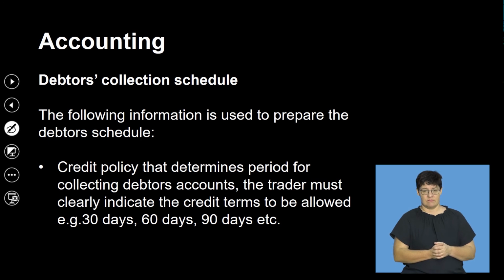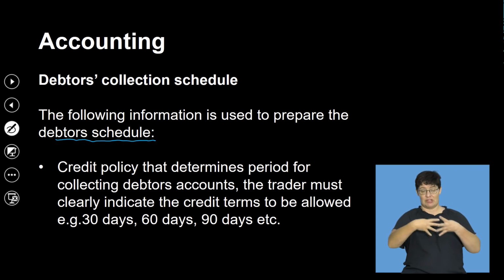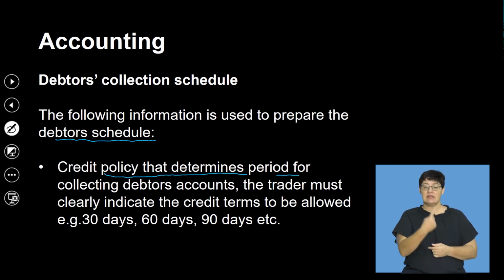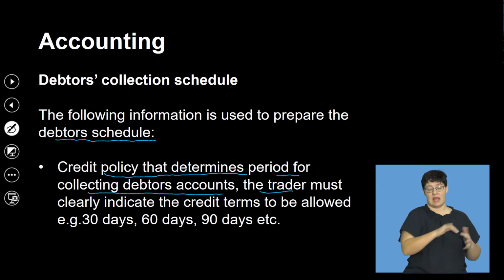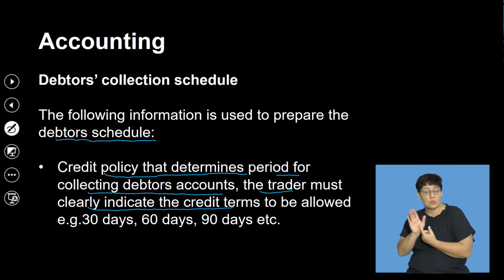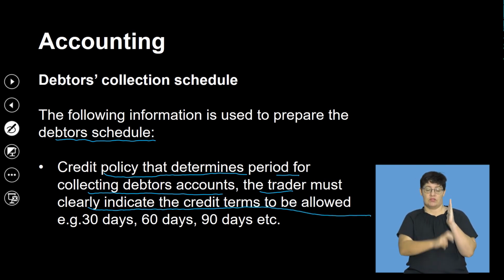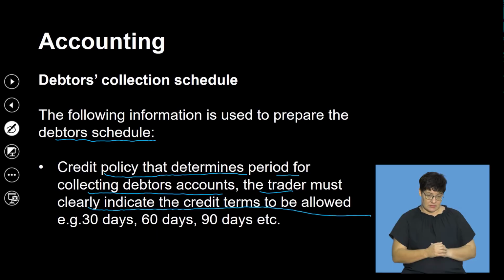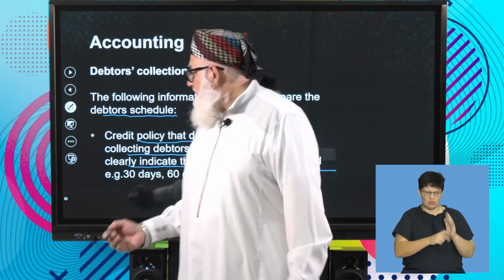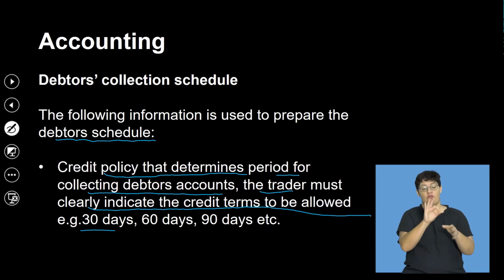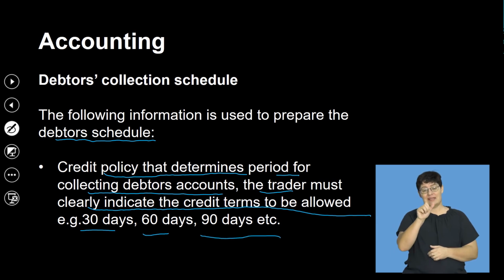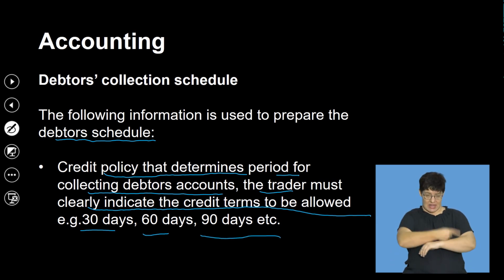What information will we have when we are preparing the debtor's schedule? One, your credit policy that determines the period for collecting debtors' accounts. The trader must clearly indicate the credit terms to be allowed. Now, when we talk about credit terms, we are saying we are allowing you 30 days, 60 days, or 90 days in which to settle the account.